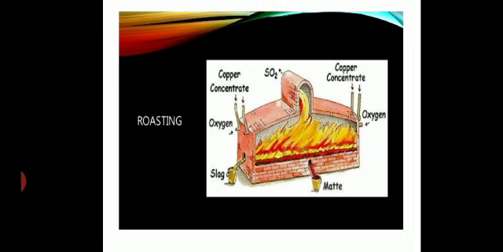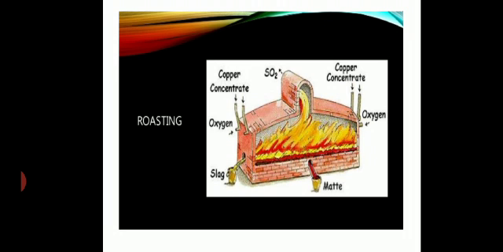Also the ferrous oxide reacts with silicon dioxide to form slag, FeSiO3. And Cu2O reacts with FeS to form again Cu2S and FeO. This Cu2S is the molten mass which is taken out through a tapping hole.